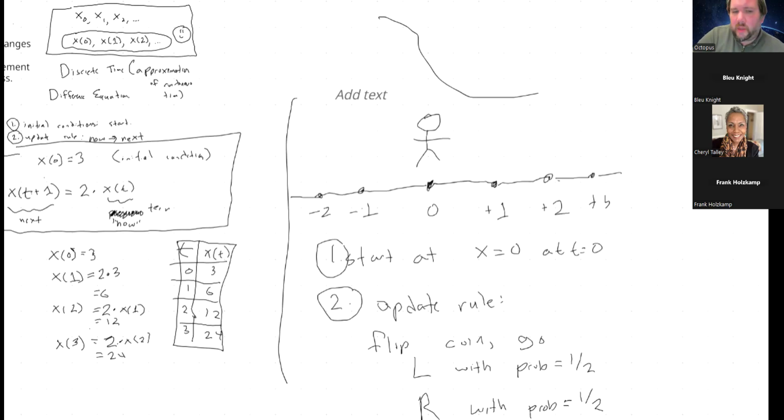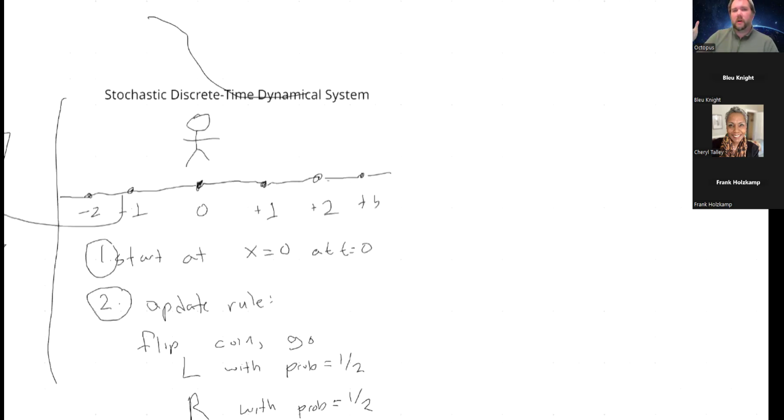And now we cannot generate a single trajectory like we did before. Rather, instead of a single trajectory, as time evolves, what we'll have is a probability distribution of where this walker might be.